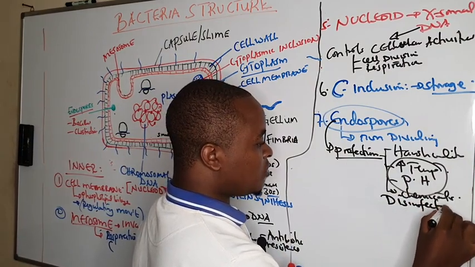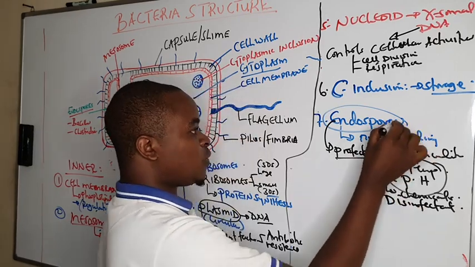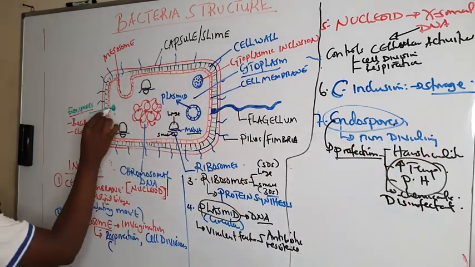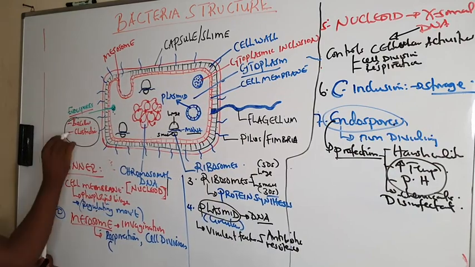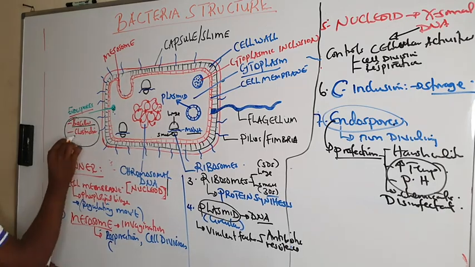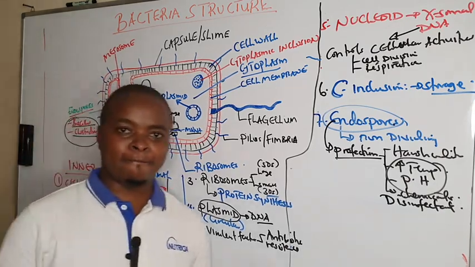So if you are trying to disinfect a bacterium which possesses endospores, examples of bacteria which have endospores that we saw are Bacillus anthracis and Clostridium tetani.